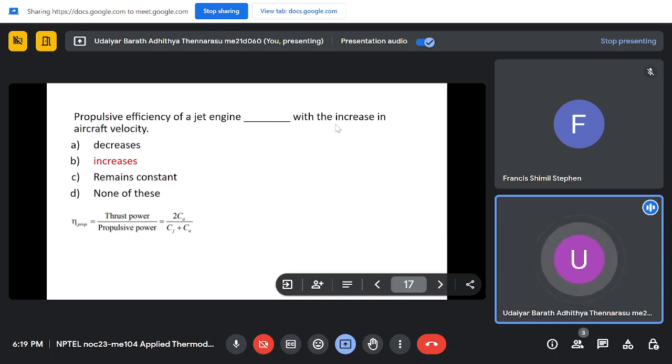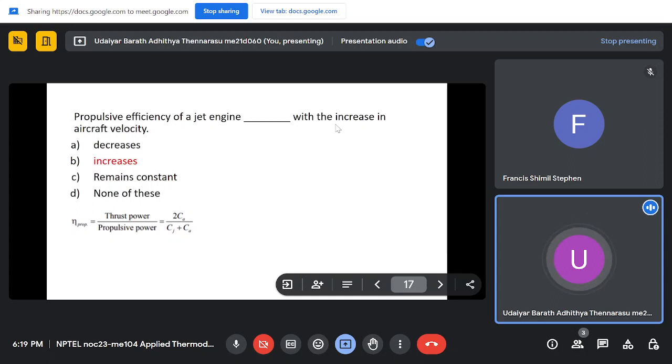So this can be expressed: thrust power is just thrust times the velocity, and propulsive power is the change in kinetic energy, mass times velocity squared. You can simplify it in terms of velocities. Ca is the velocity of air which is coming in, and Cj is the velocity of the jet which is going out.